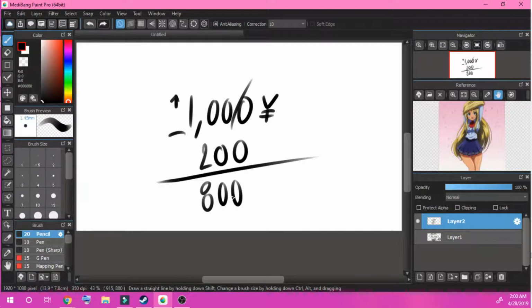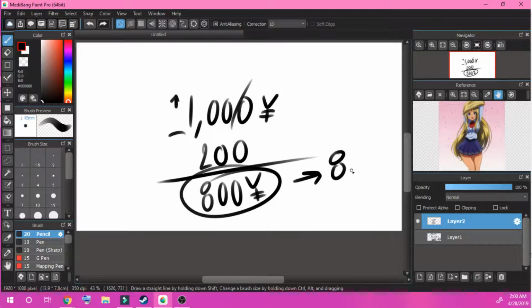Sometimes I have bad habits of skipping a few. So 800. It's gonna cost about 800 yen, which, remember, is in pennies. 800 pennies is gonna be roughly about $8. And then, like I said before, just throw on the 60 cents, and you don't even have to throw on the 60 cents. That's me being nitpicky.